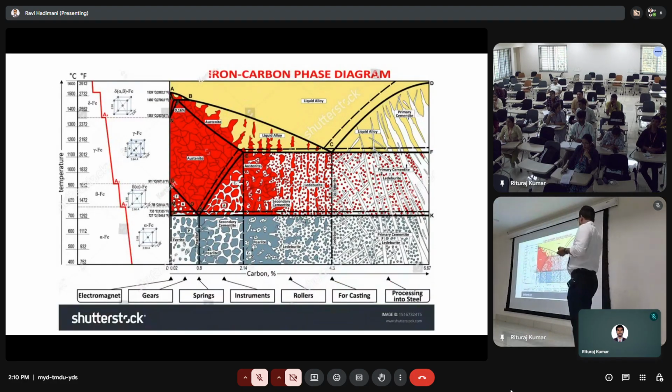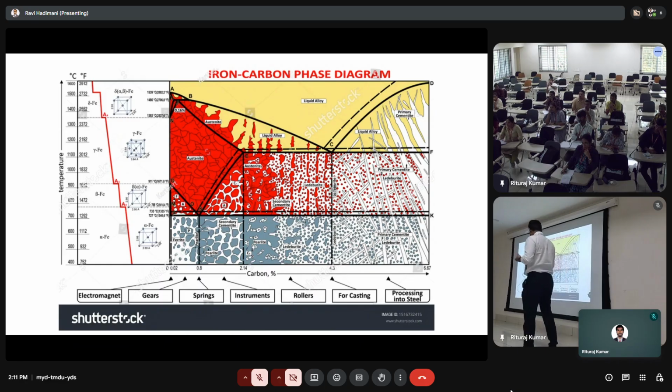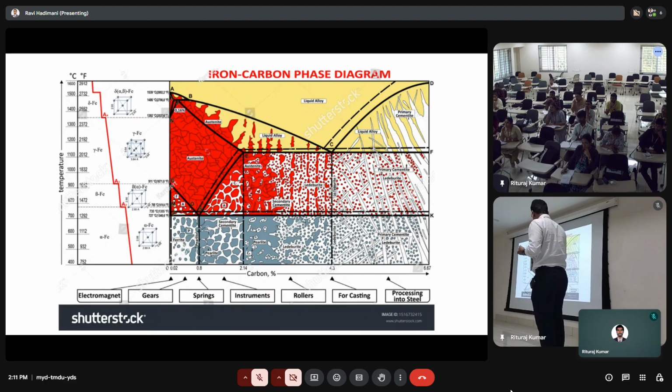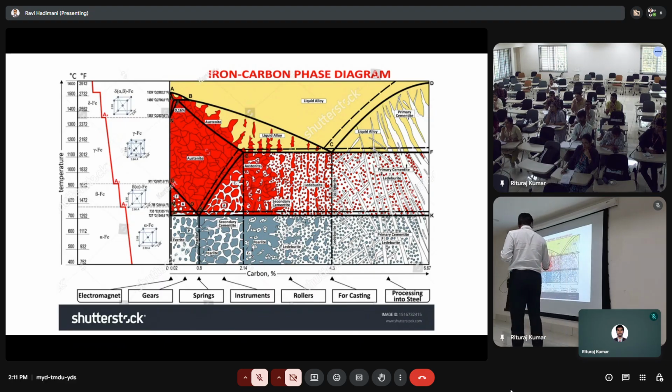And here is a nice diagram I found on the internet. Here is the microstructure directly overlaid on the phase diagram. Pearlite is somewhere here, and this is cementite.